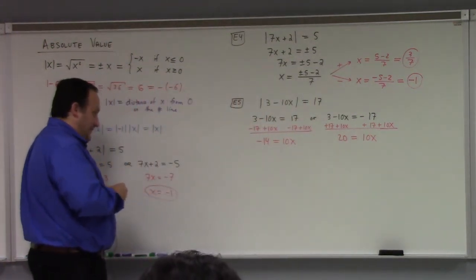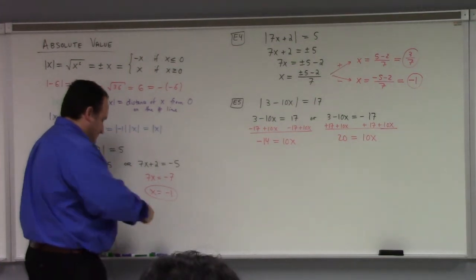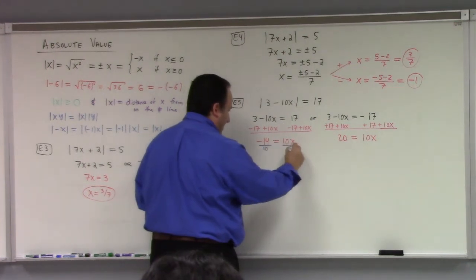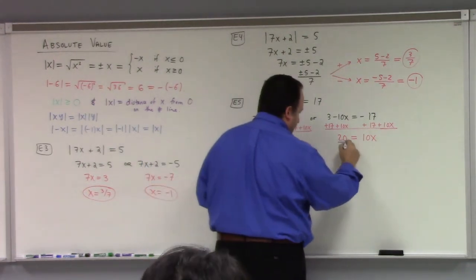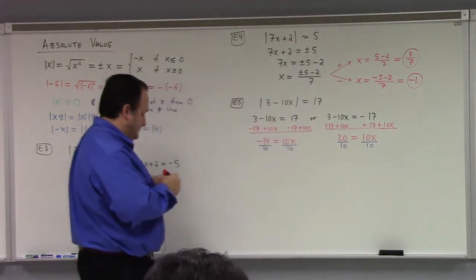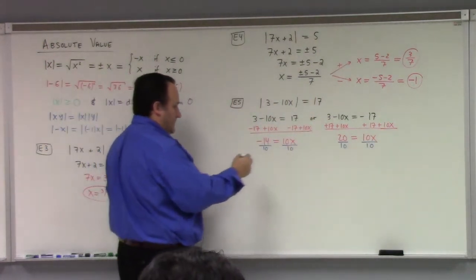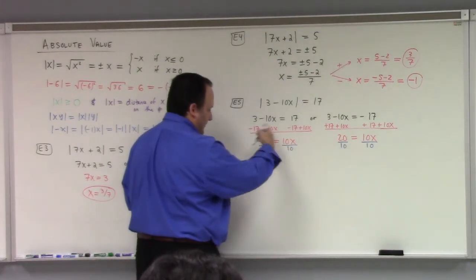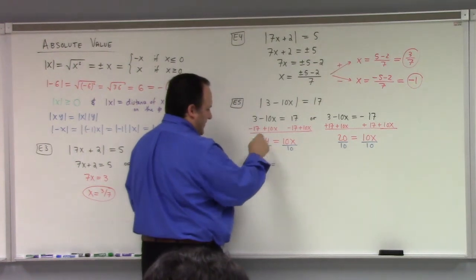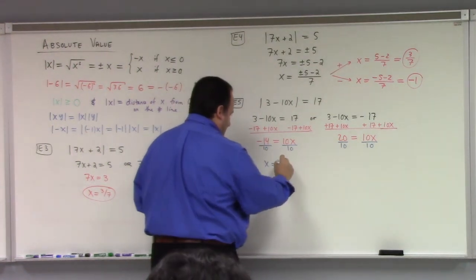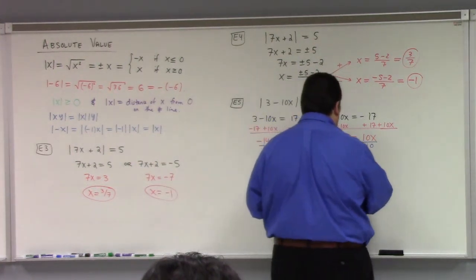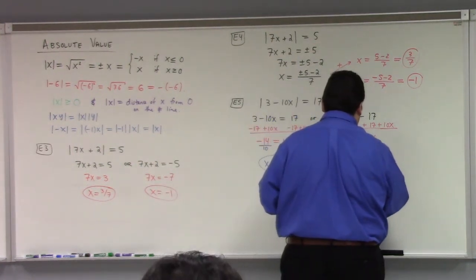So I can divide by 10. What do we get? Minus 14 over 10. Let me simplify: x equals, what's 14 over 10? 7/5? So minus 7/5. Or over here, x equals 20 over 10, which is 2.